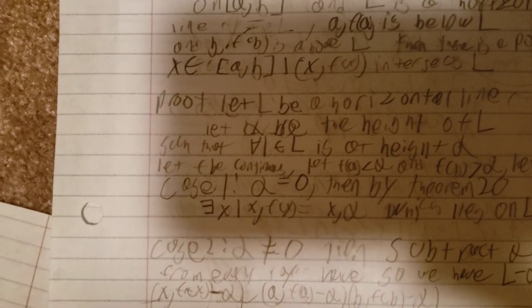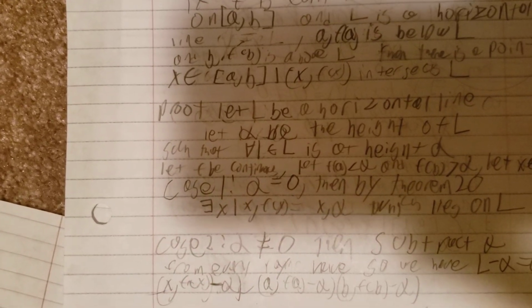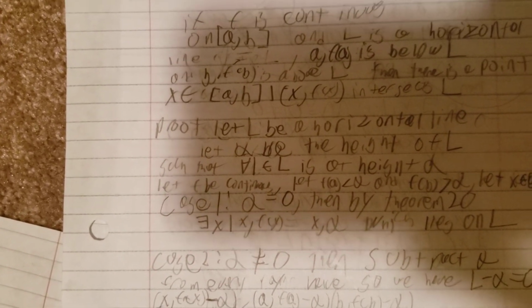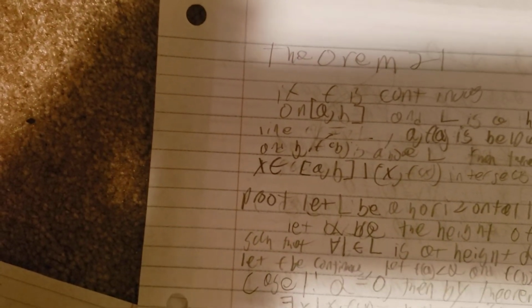Proof. Let L be a horizontal line, and let alpha be the height of L, such that all elements of L are at height alpha, or L is defined as the line y equals alpha. Let f be continuous, and let f(a) be less than alpha, and f(b) be greater than alpha.